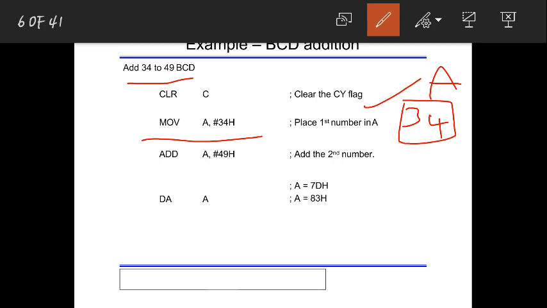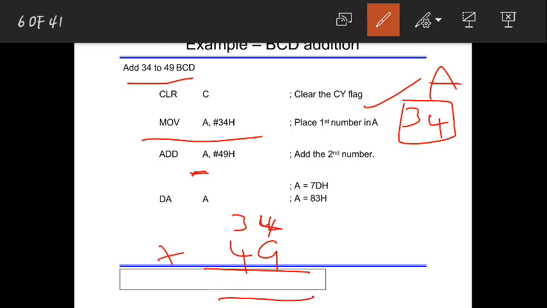I have written ADD A, #49H. That means A already has 34 before execution of this instruction, and 49H is added. So A is equal to 34 plus 49.